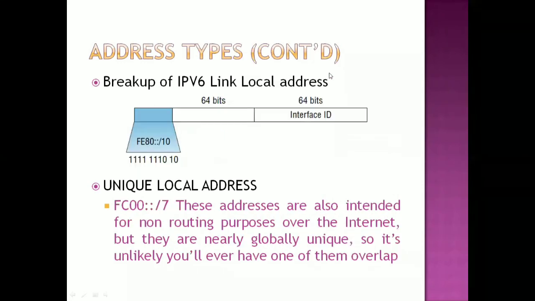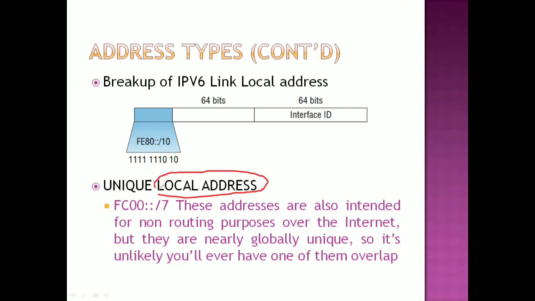Now moving to the other part of our slide, unique local addresses. What is meant by the unique local addresses? The unique local addresses are basically private IP addresses, but these private IP addresses are unique over the internet. That is, these unique local addresses will be non-routable, but they will be globally unique.